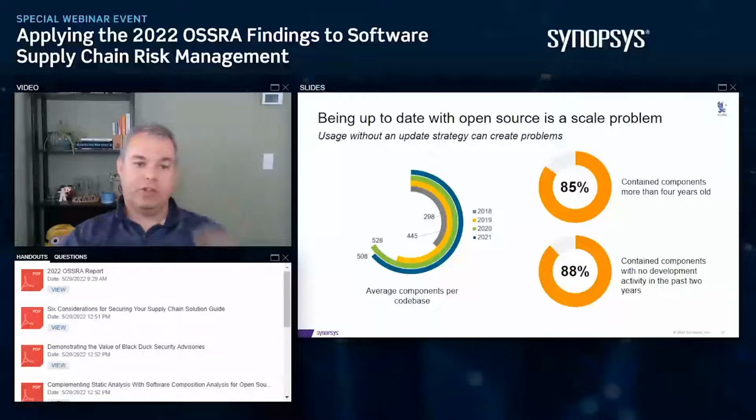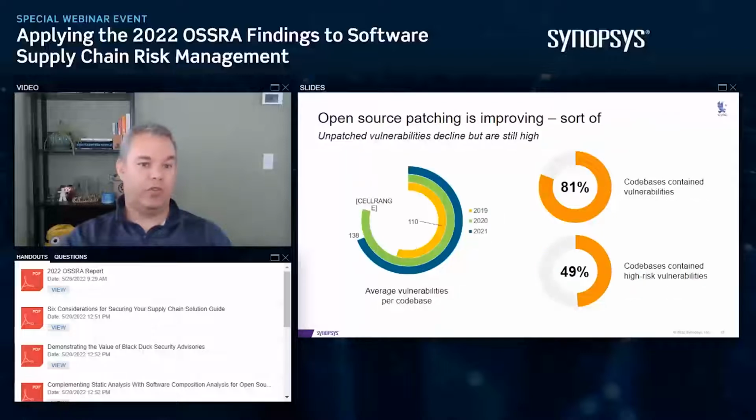It could be a result of the development energy moving away from that project, even if there's still work left to be done, security tests to be run. Or it could be that that particular component isn't actually where the center of gravity was, but you are on a fork or a branch of that component, and so you're not seeing those updates. So there's a lot of complexity that comes in when you start trying to think about how you manage an open source supply chain, or a software supply chain for that matter.